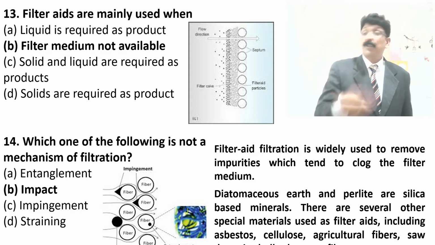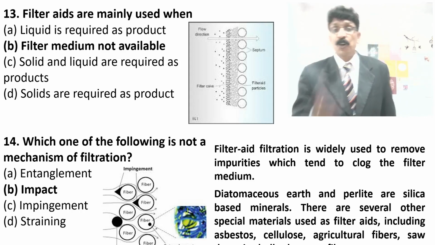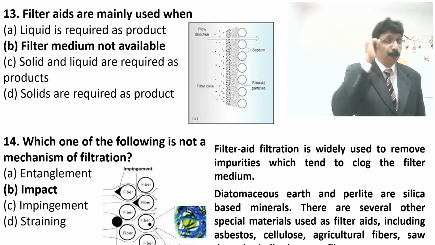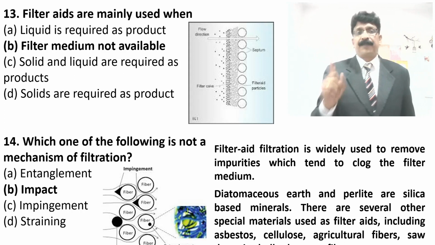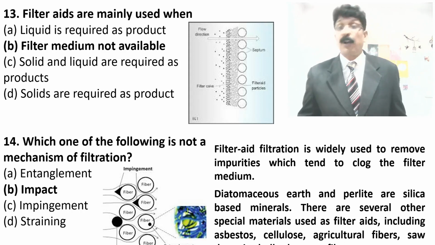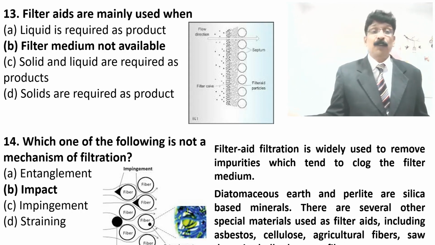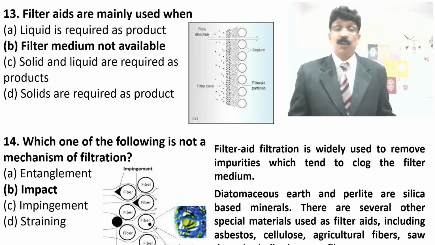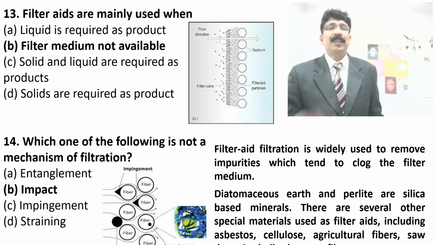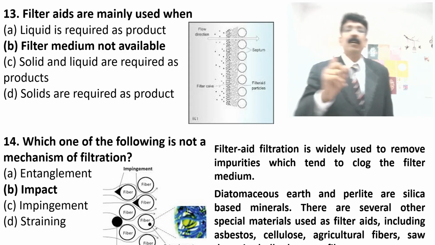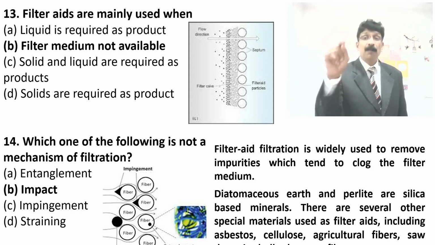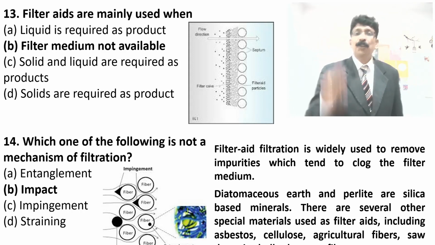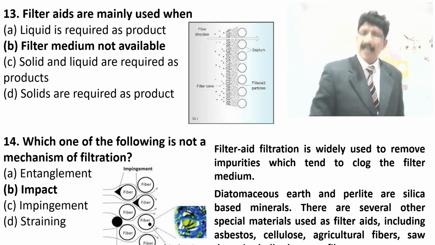So you should think properly about the answer. Even when liquid is required as a product in filtration, everybody knows solid or liquid can be required as a product, as I told you now. So the answer is filter medium. When it is not available in the filtration process, you need a filter aid.